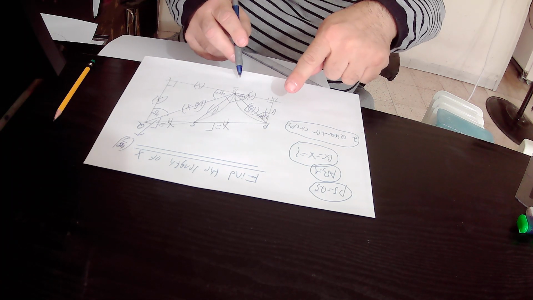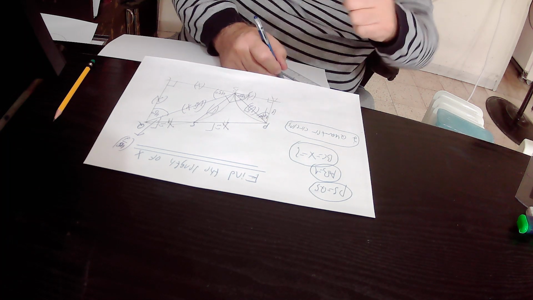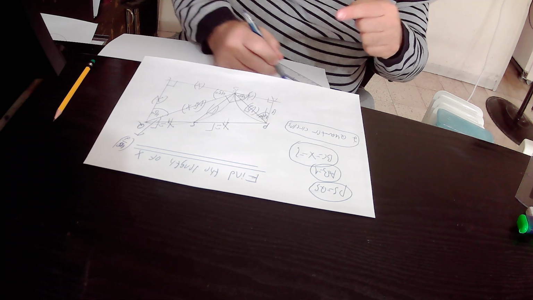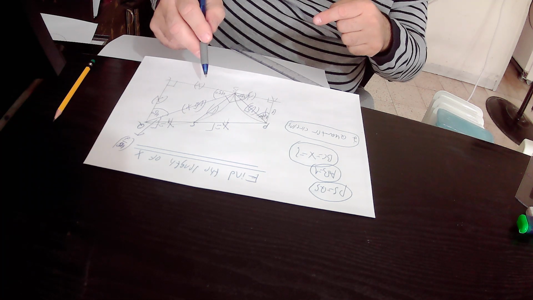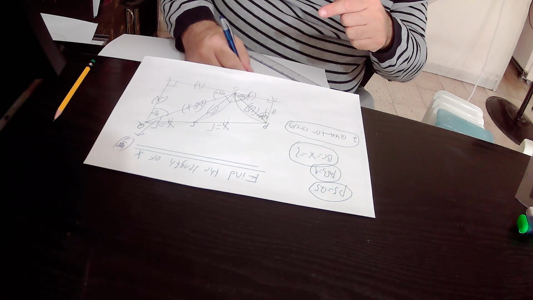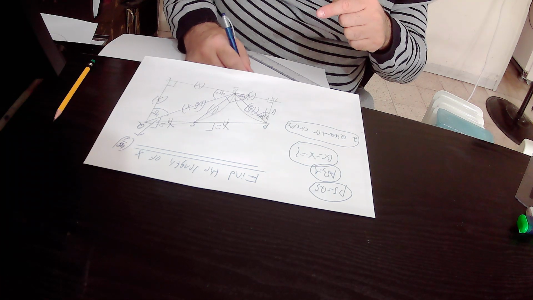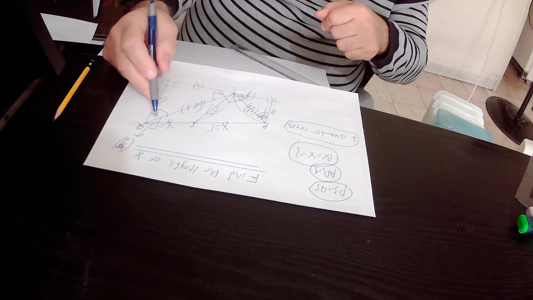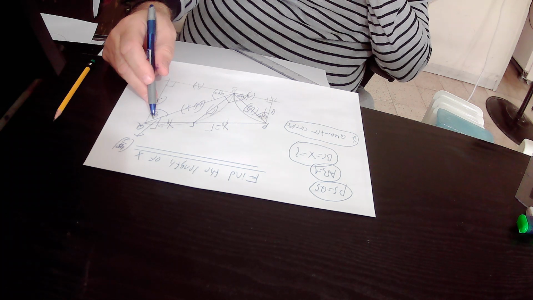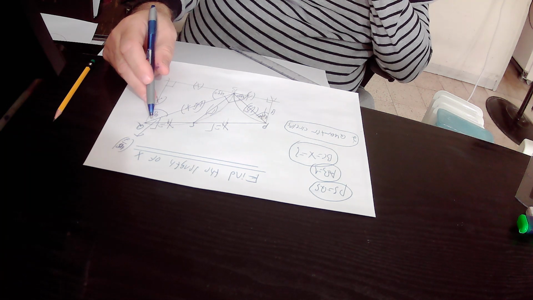Side PB of the right triangle PBQ is equal to the square root of 2 units in its length. Side QB equals the square root of 2 times x units. And this angle equals 45 over 2 degrees.